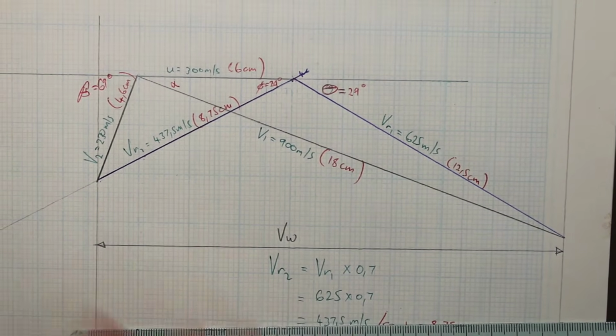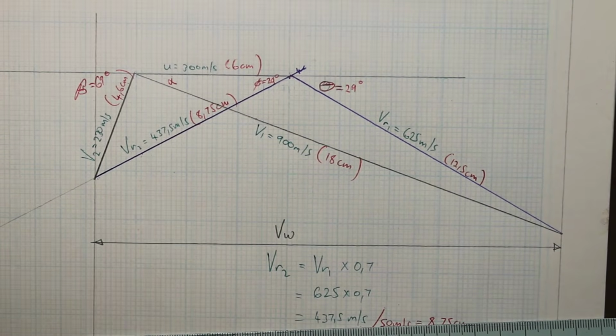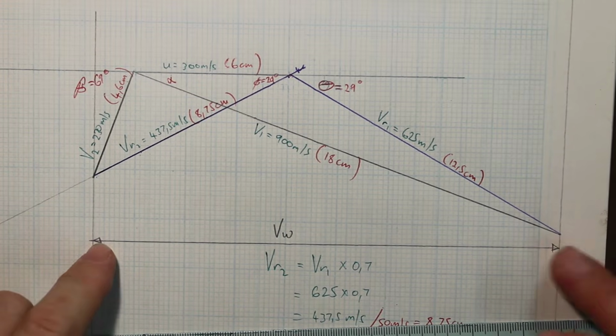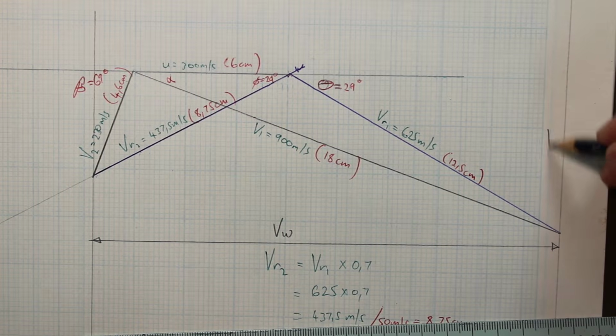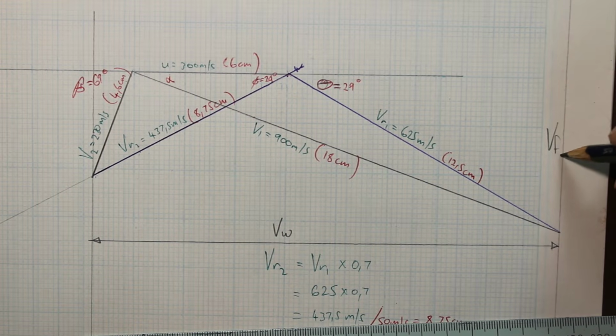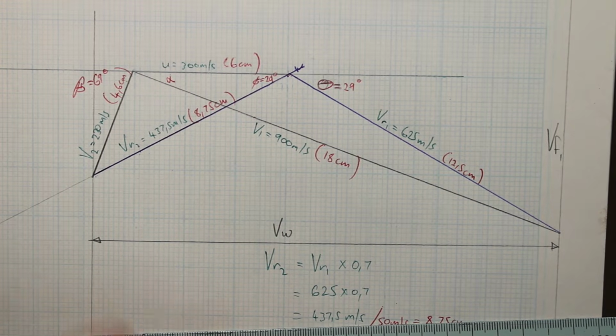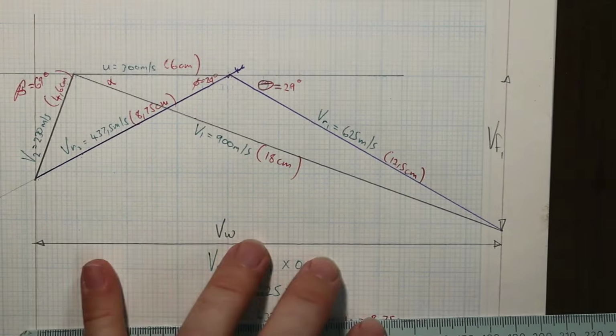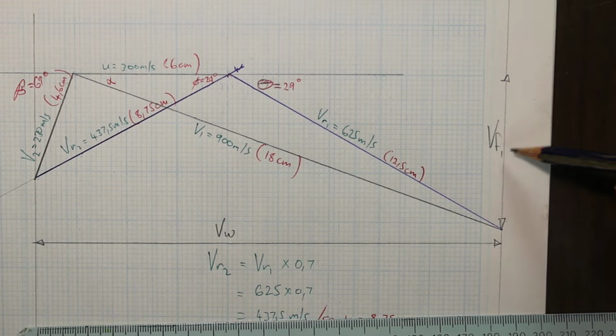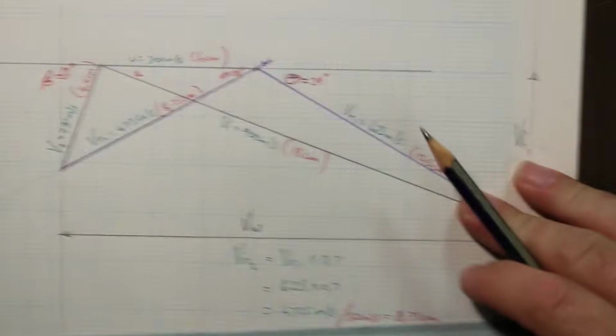That is the velocity that's causing the rotation. On this side here, from there to there, that's our velocity of flow 1.